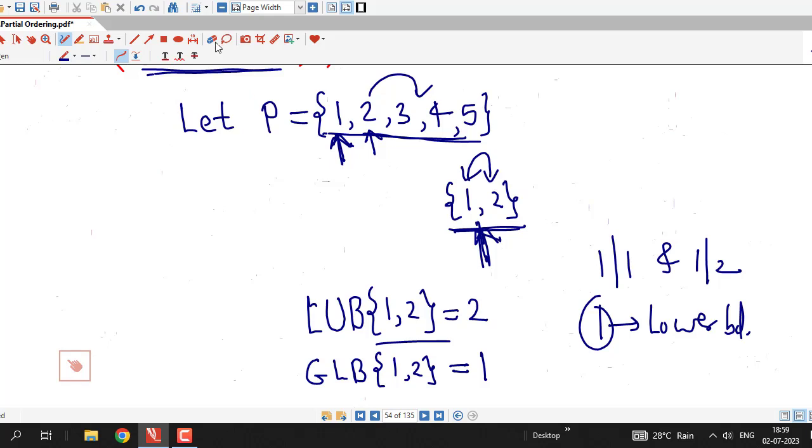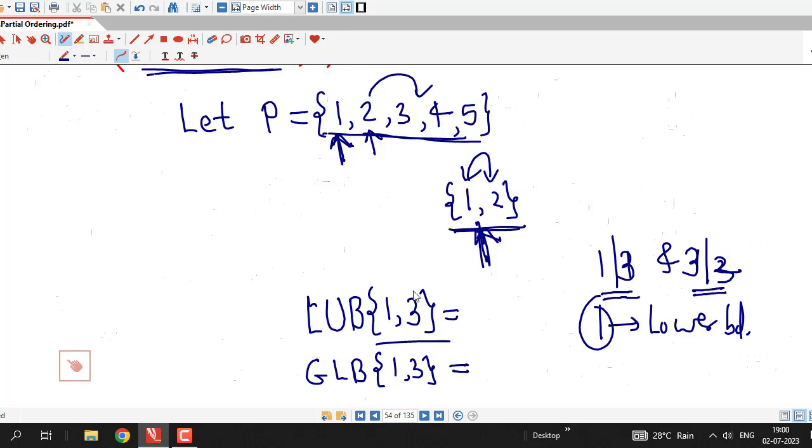So now I can check for 1 and 3. What are the upper bounds of this subset 1 and 3? We can see 1 divides 1 and 3 also divides 3, 1 divides 3 and 3 divides 3.